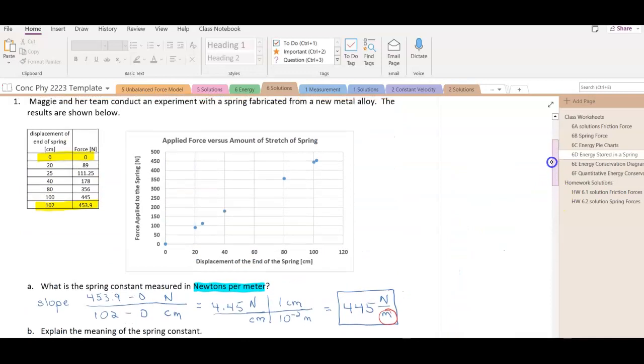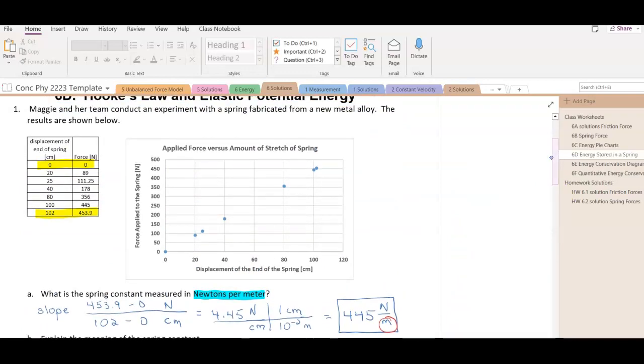On the graph, if it's been displaced by half a meter, that would be 50 centimeters. I'm going to just pencil in the line here for this graph. And so the energy is the area under the graph.